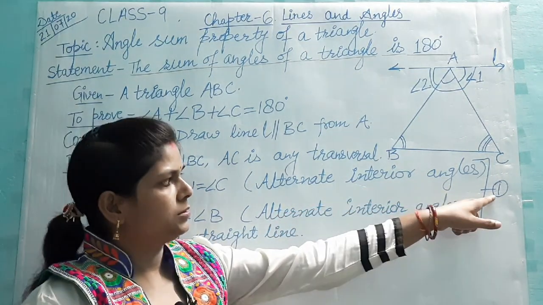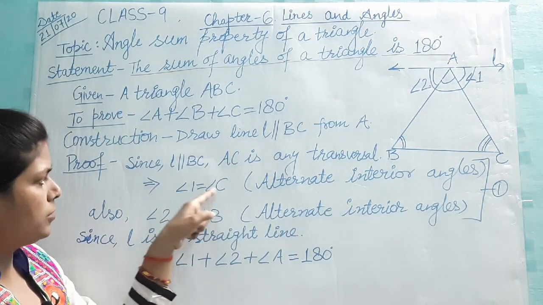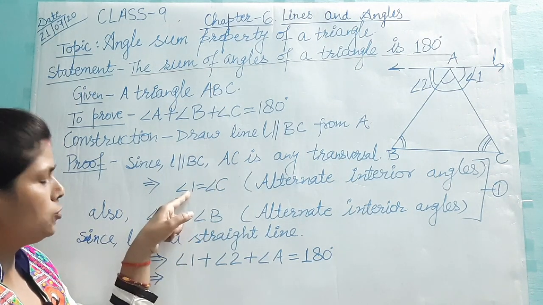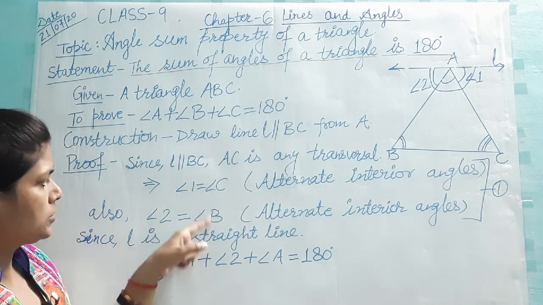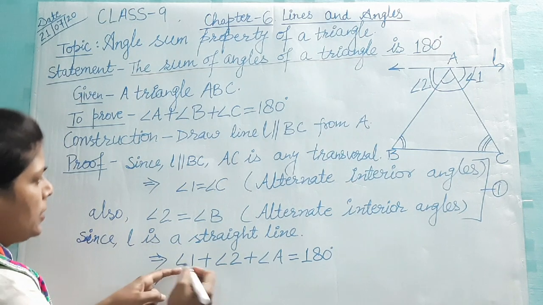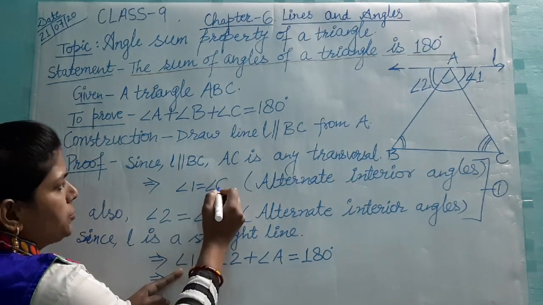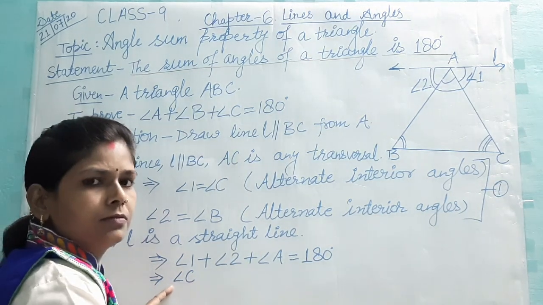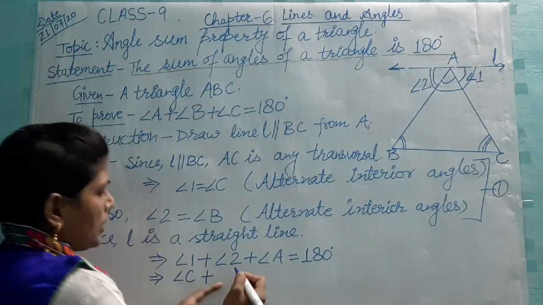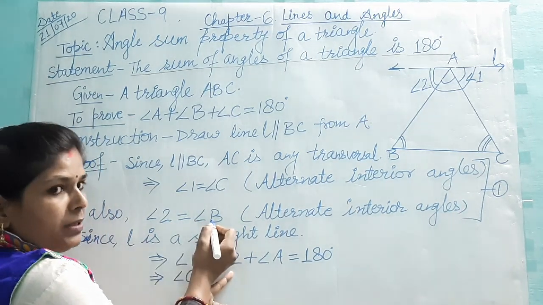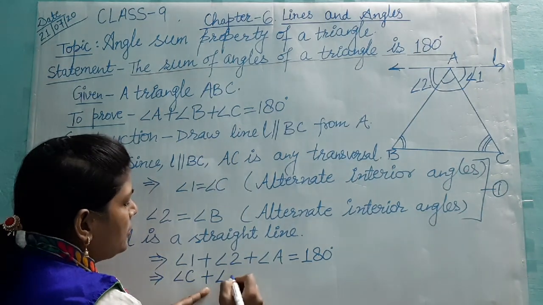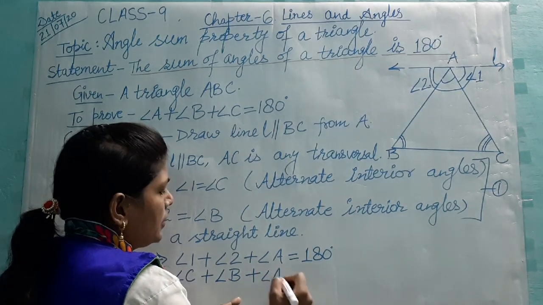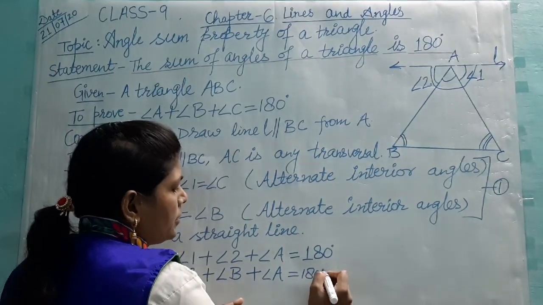From equation 1, we see that angle 1 equals angle C and angle 2 equals angle B. So we put these values of angle 1 and angle 2 in this equation. In place of angle 1 we put angle C, and in place of angle 2 we put angle B, plus angle A equals 180 degrees.